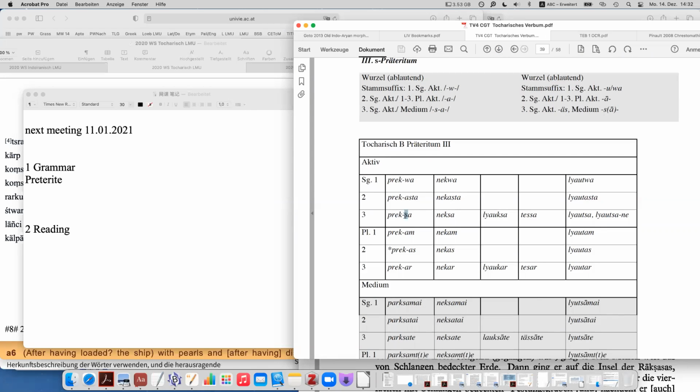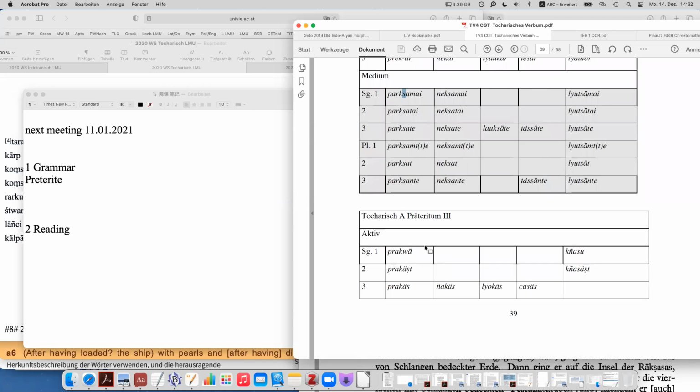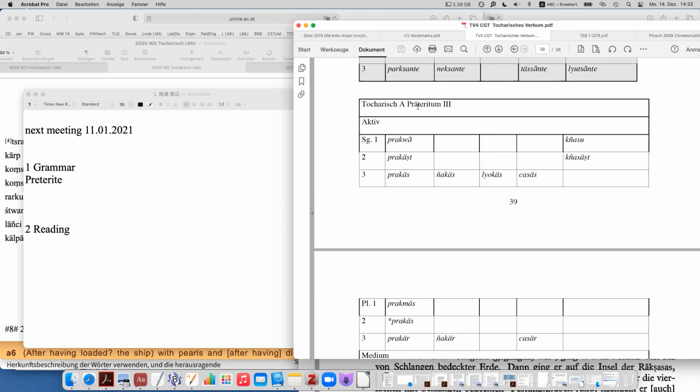So we find the S, for example, in the third person singular, and also in the middle, like parksa. So this is B, parksamai, okay. Also the same is in Tocharian A.